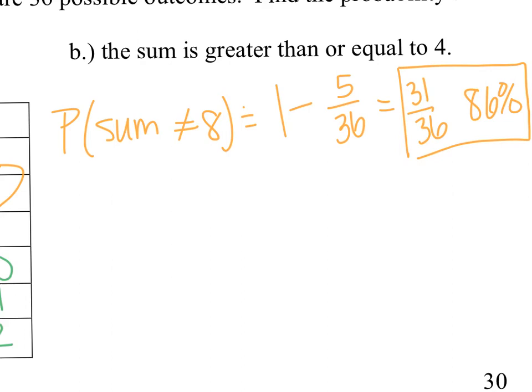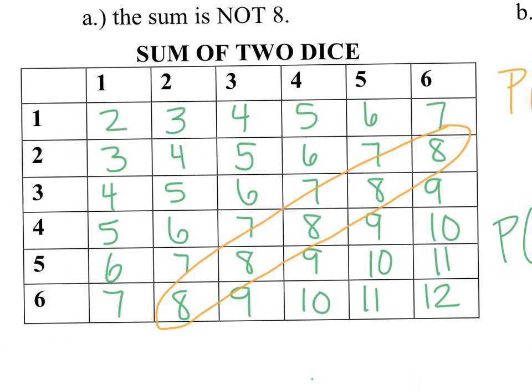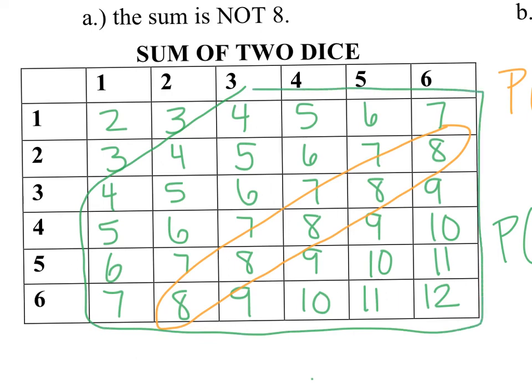Okay, what about letter B? It says probability of the sum being greater than or equal to 4. Well, if you look at this, how many sums are there greater than or equal to 4? If it's or equal to, we have to include it. So 4 and everything above it.